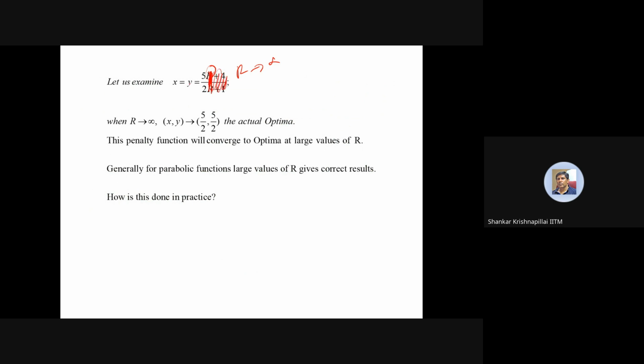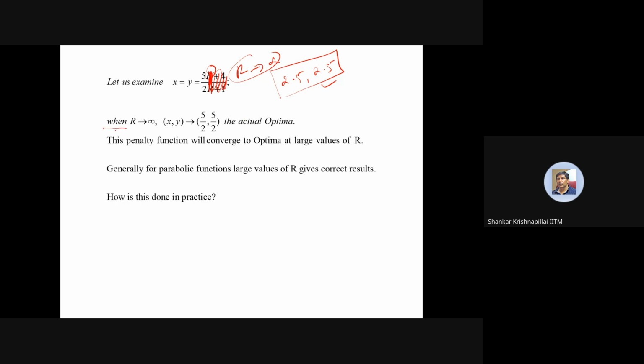X equal to y will tend to 2.5, 2.5, which is the correct answer. We already looked at the contours and saw that x equal to y equal to 2.5, 2.5 is the correct answer. So only for very large values of R will it converge to the correct answer.